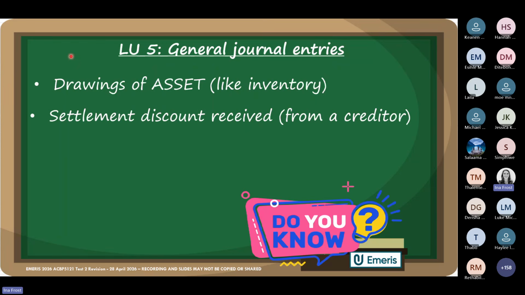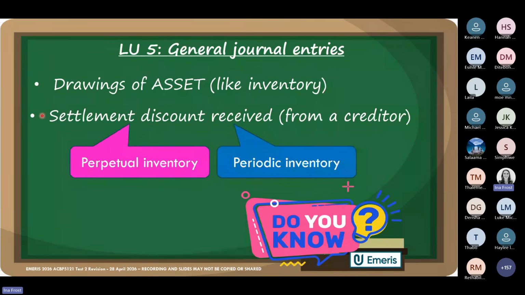Specifically, when we ask you to do general journal entries, your inventory systems will have an impact on drawings of inventory, as we saw earlier in Learning Unit 6, and on how we record the settlement discount received from a creditor. Both of these entries will be dependent on the inventory system being used in the question.